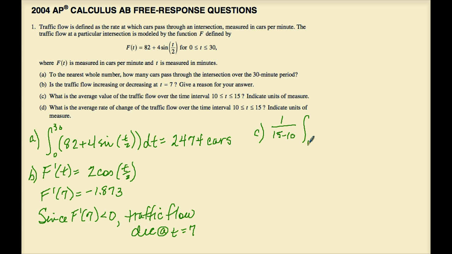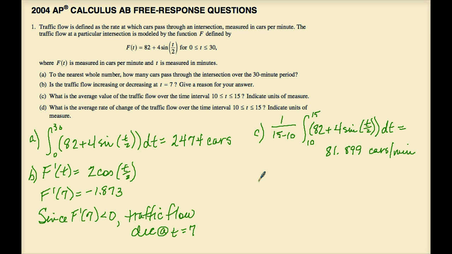Our integral from 10 to 15 of the rate function 82 plus 4 sine of t over 2 dt. This yields an average value of 81.899 cars per minute. So from minute 10 to 15, the average rate at which cars were passing through this intersection was 81.899 cars per minute.